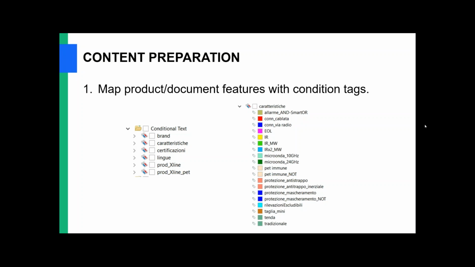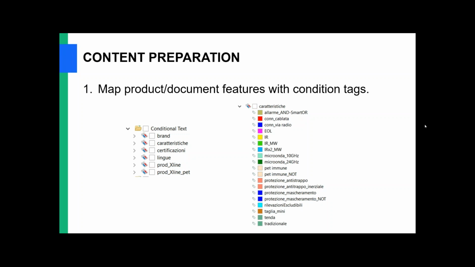The first thing I did was to map product document features with condition tags. In a context like this, where I want to use one single TOC to minimize author operations, it is essential to apply conditional tags to the content based on product features, not on the product, I mean the model itself.